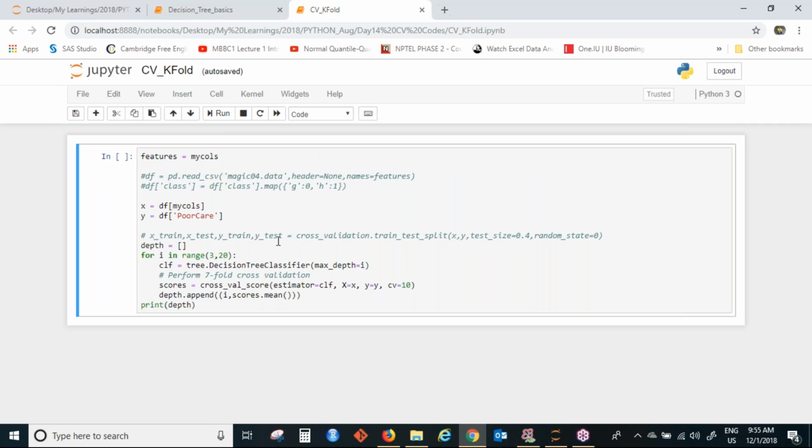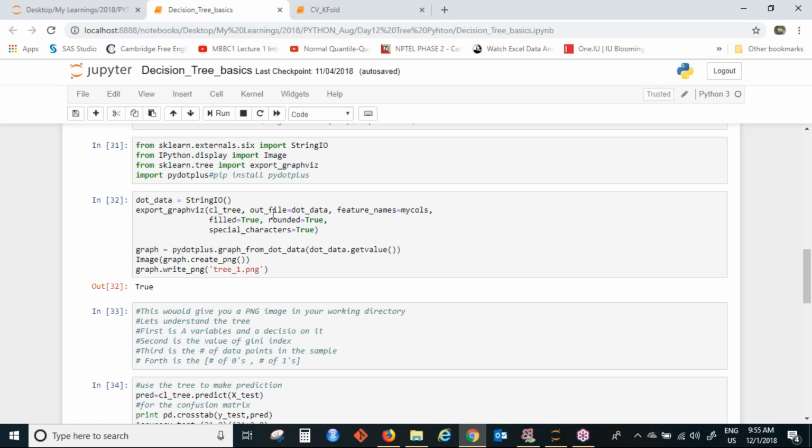The codes for this are pretty simple. So let me run these codes.